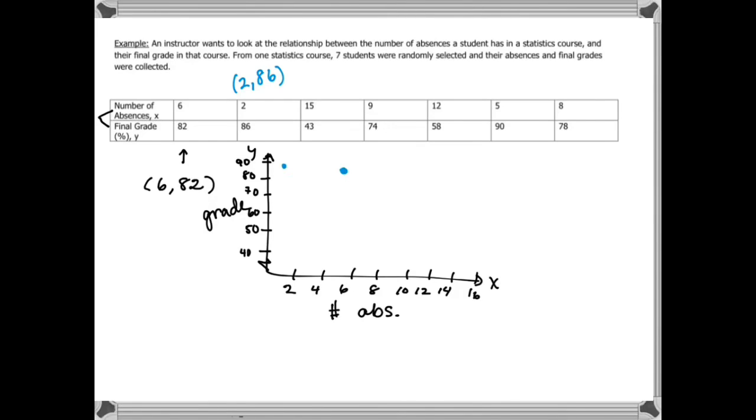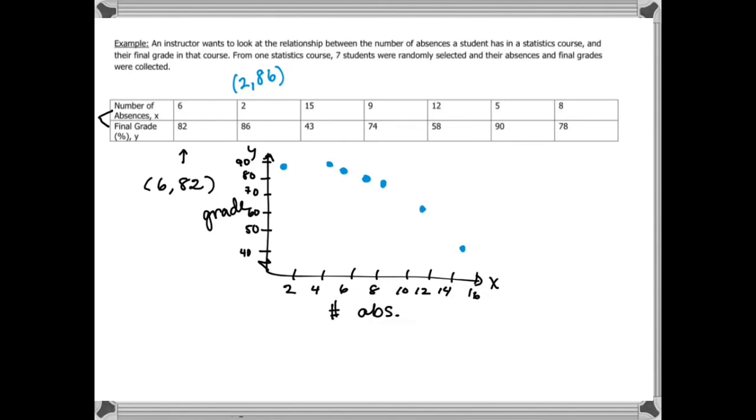That's something up here. Then 15, 43 would be maybe over here somewhere. 9, 74 would be about here. 12, 58 would be somewhere here. 5, 90 would be all the way up here. And 8, 78, something about here.